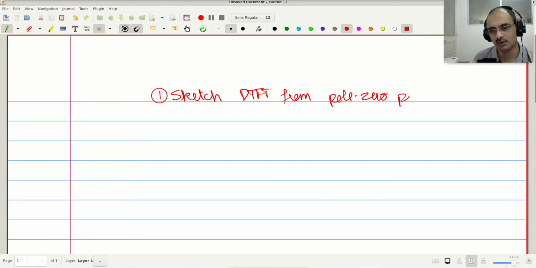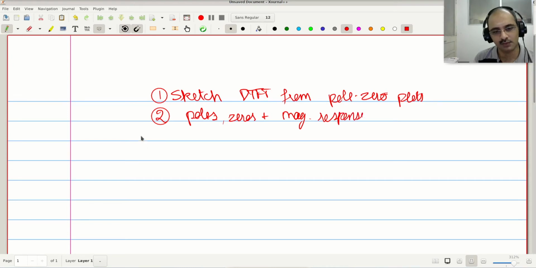Then we will also look at some connections between poles and zeros and magnitude response. Then we will finally look at minimum phase systems. So these are some things which we are going to look at as part of these lectures.